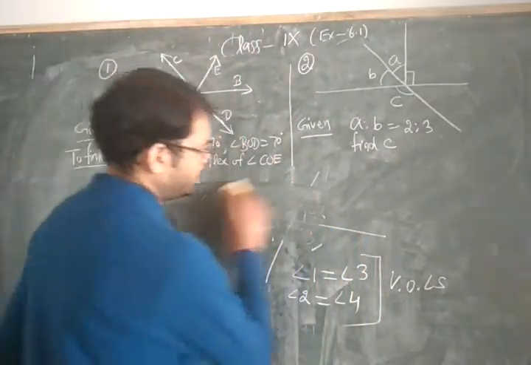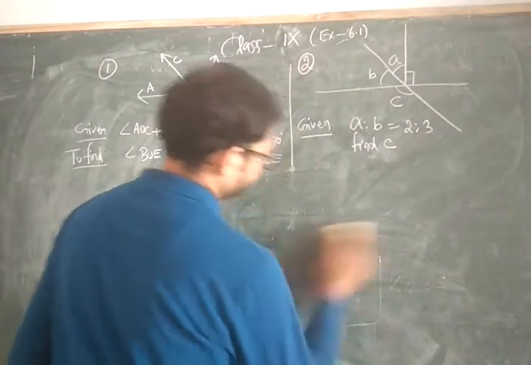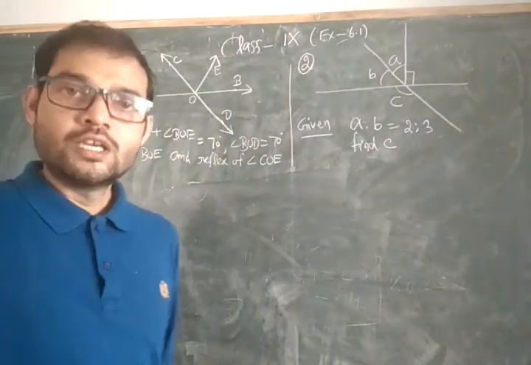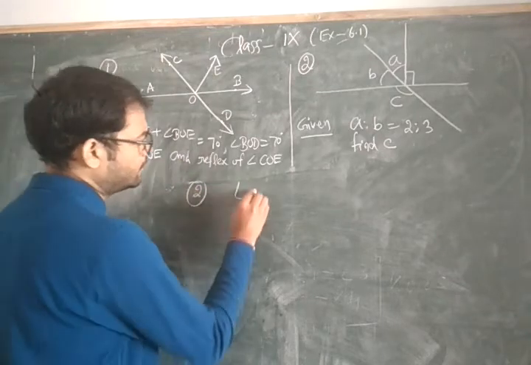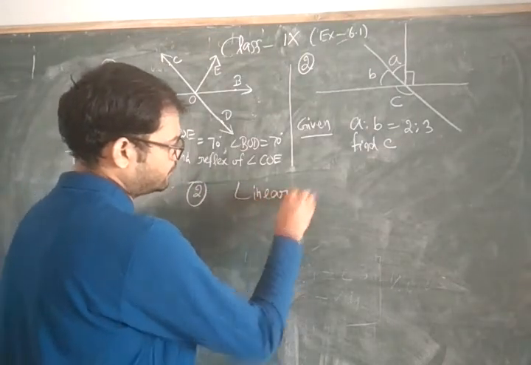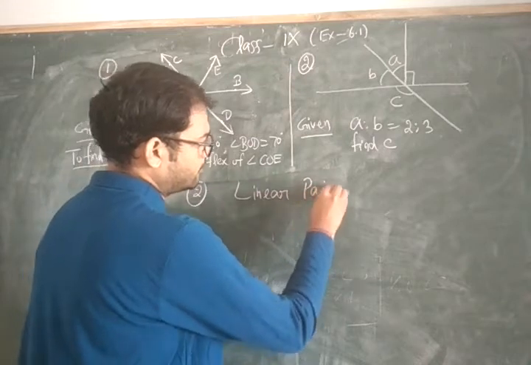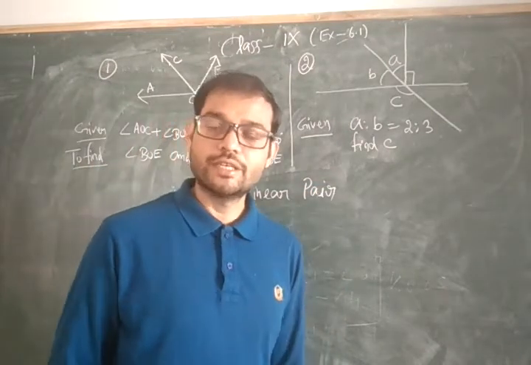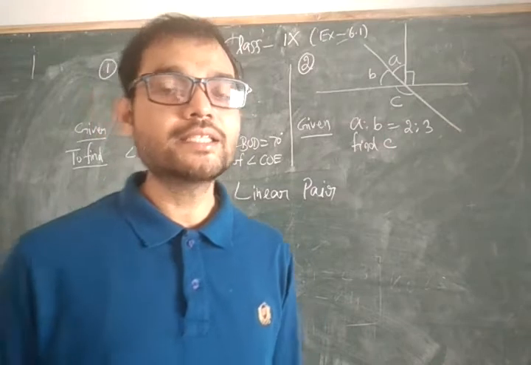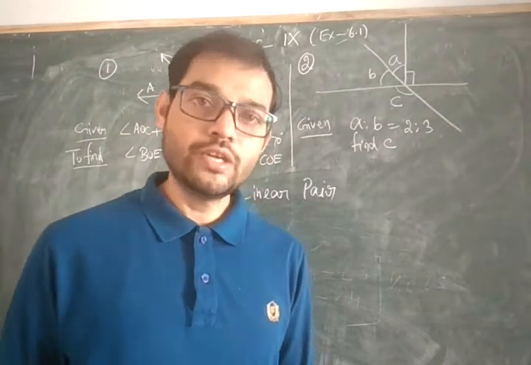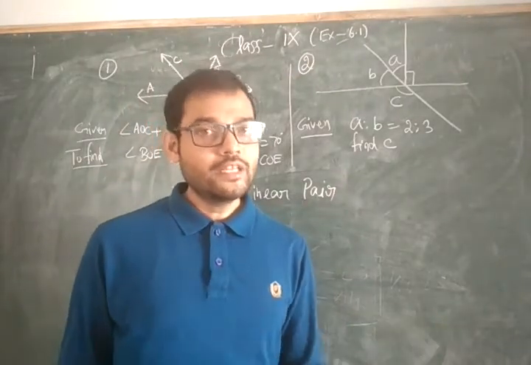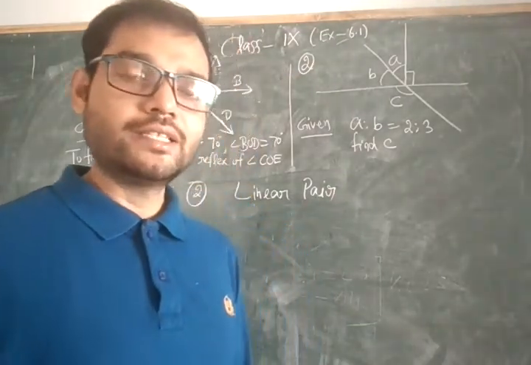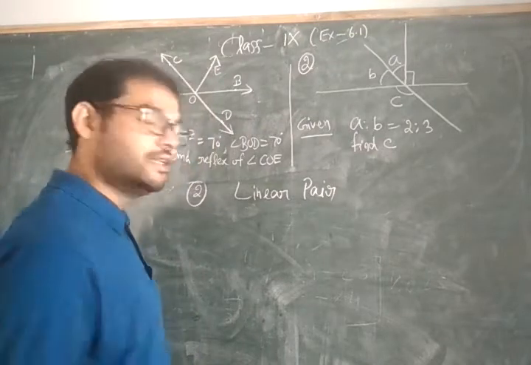Now we will see the next thing, and that is linear pair. In the last topic we studied vertically opposite angles, and now we are going to learn linear pair. For linear pair, how do you know that these are a linear pair?